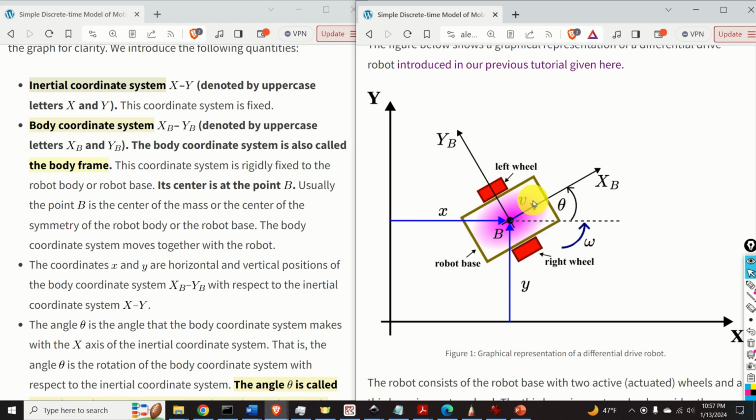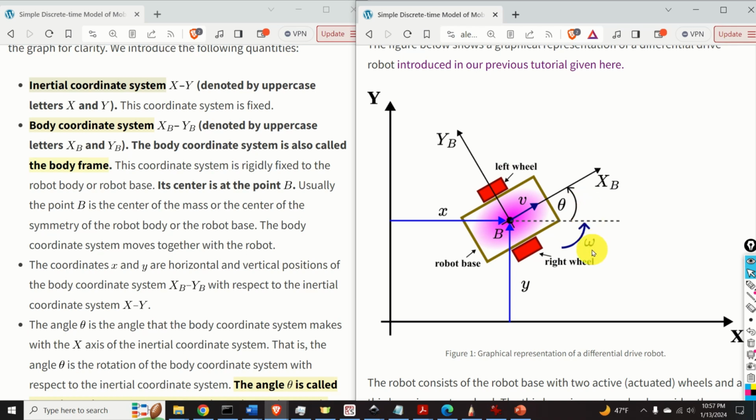The third passive caster wheel provides the stability of the robotic platform, and for simplicity and clarity of this graph, it's not shown over here. Passive over here means that a wheel is not actively actuated. That is, the caster wheel can rotate around two perpendicular axes, however, it's not actuated. Actuated wheels are the left wheel and the right wheel.